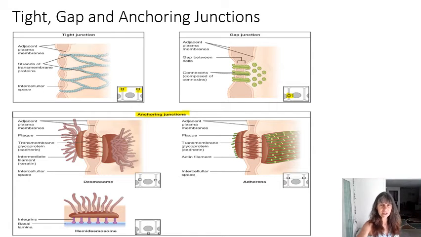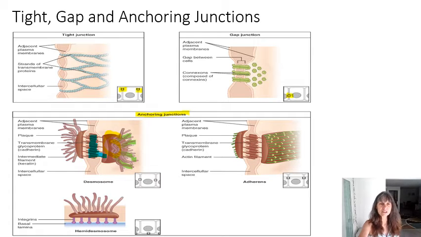The reason being is they consist of a plaque protein on the inner portion of one cell membrane with intermediate filaments, protein filaments called keratin, extending into the cytoplasm to join to the cytoskeleton of that cell. Then there are transmembrane proteins. So there are proteins that extend from the plaque in between the two membranes of these adjacent cells.